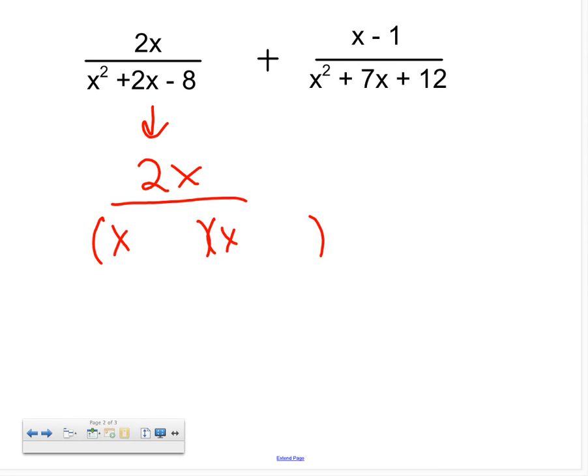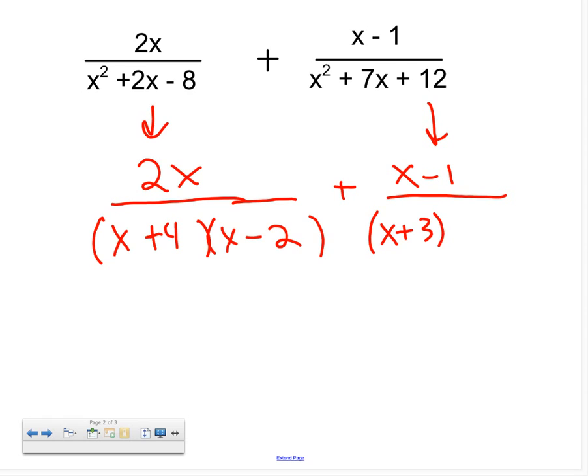And if I make the 4 the positive one and 2 the negative one, that does seem to work out. Now I have to do the other one. So plus, bring this one down here, x minus 2 on top. Two numbers that multiply to 12 and add to 7. That seems to be 3 and 4. So x plus 3, x plus 4.